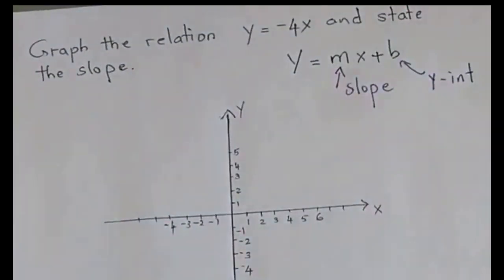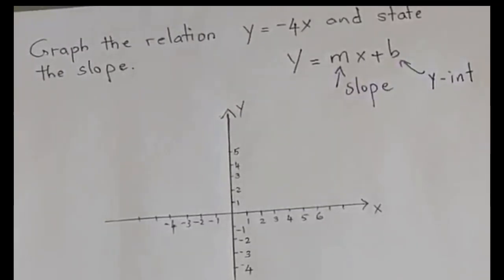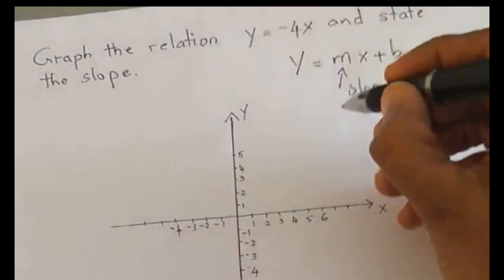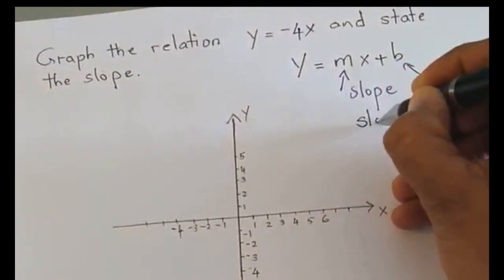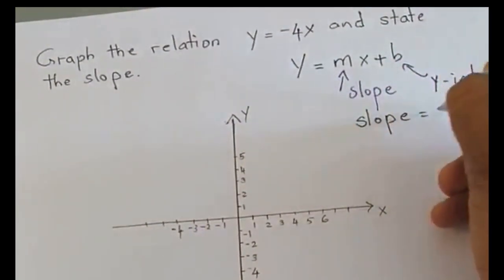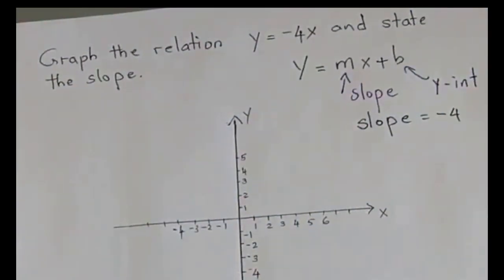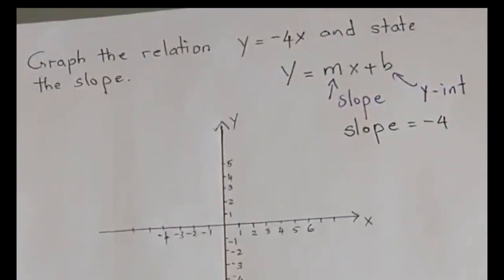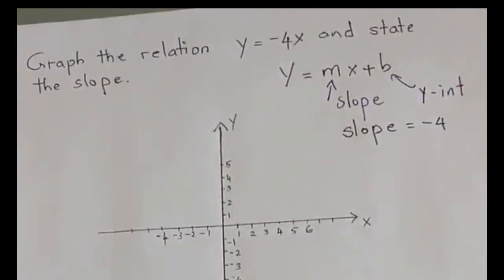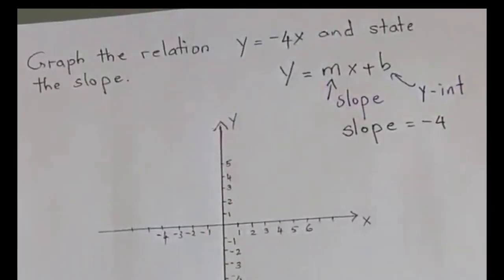In this relation, y equals negative 4x, we can directly get the slope from the equation. So the slope of this equation is equal to negative 4. How about the y-intercept? The y-intercept is 0. Nothing is being added or subtracted from negative 4x, so the y-intercept is 0.